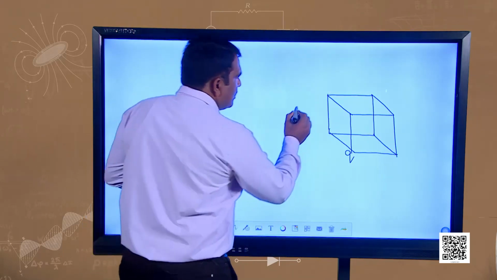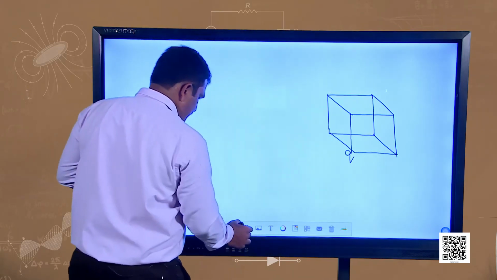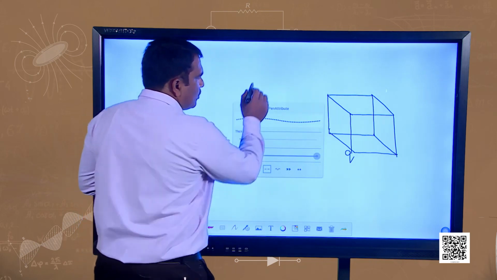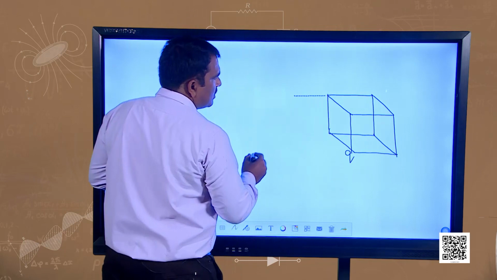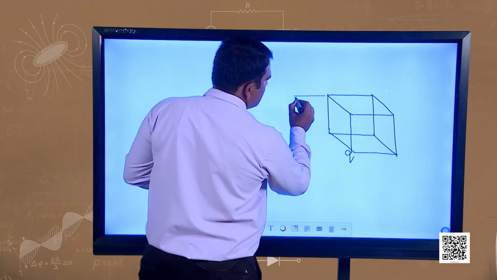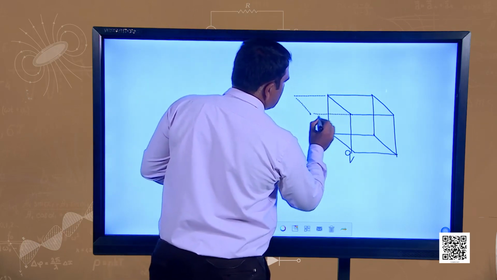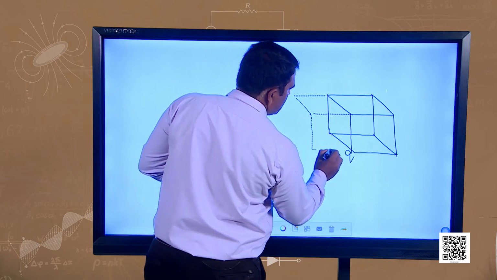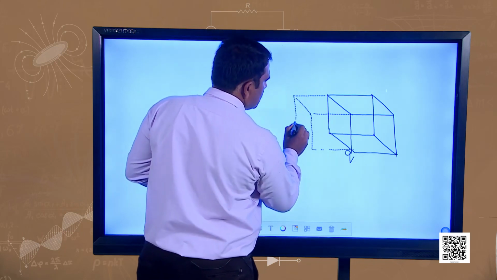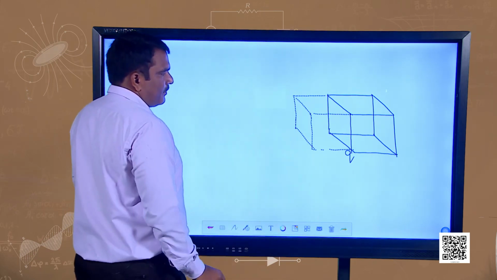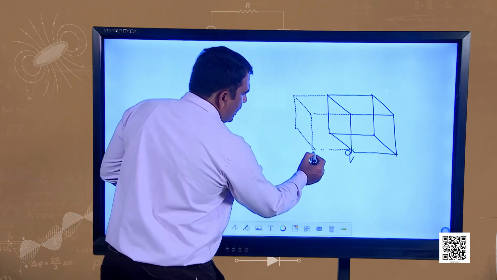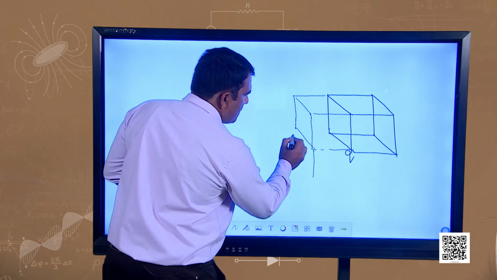For that, we may draw cubes like this. Then you may draw a cube below this cube.